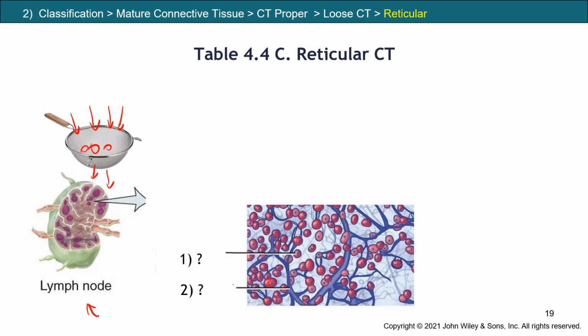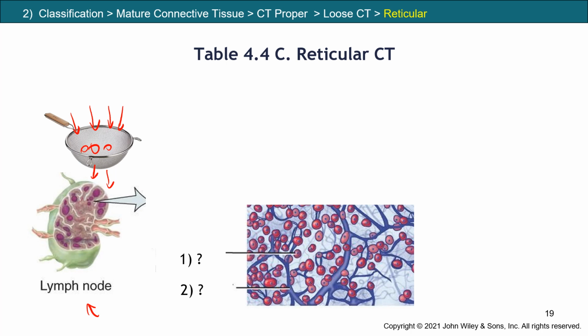You will have all these fibers, or these reticular fibers, that are going to filter foreign substances such as cancer cells and infections, and you have a lot of immune cells that are ready to find those foreign substances, as I said before.